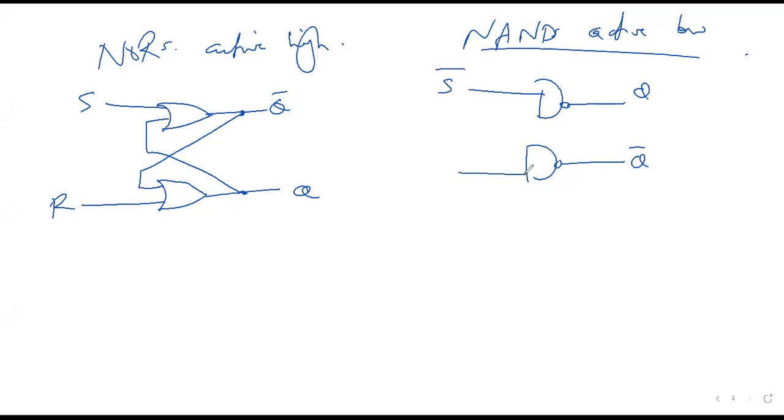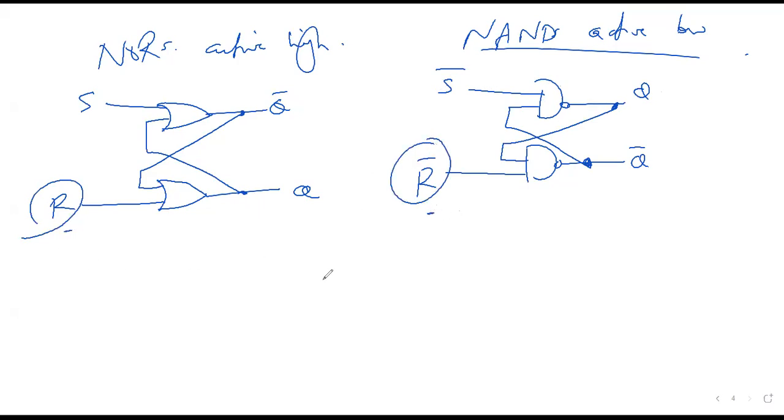S bar, R bar. There's a huge difference between these two. The inputs here, they're high. The inputs here, they are low. Here we have R, here we have R bar. That's where the active low, active high comes from.